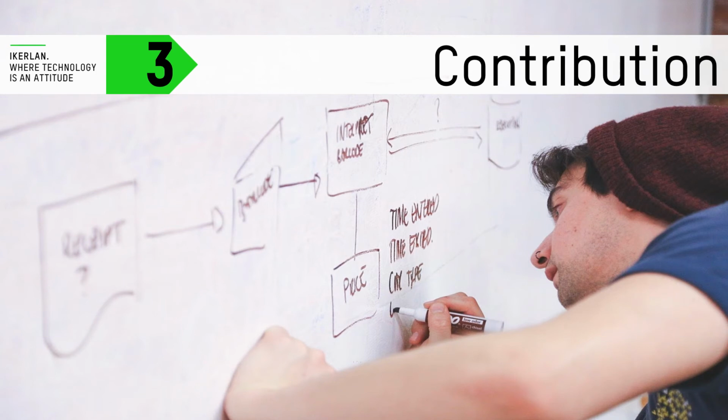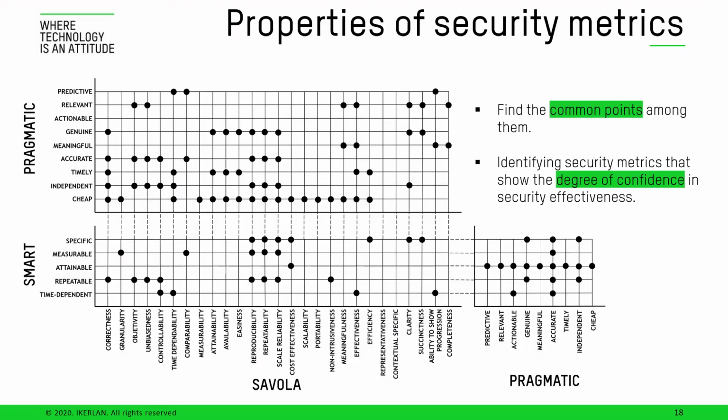After all the research work that we have presented and taking it into account, now we are going to explain our contributions to the state of the art. The first contribution has to do with the properties that a good security metric should meet. We compared the three main criteria found in the literature to find the common points among them. A mapping, that you can see here in the slide, was carried out using the definitions and the data given by the authors.